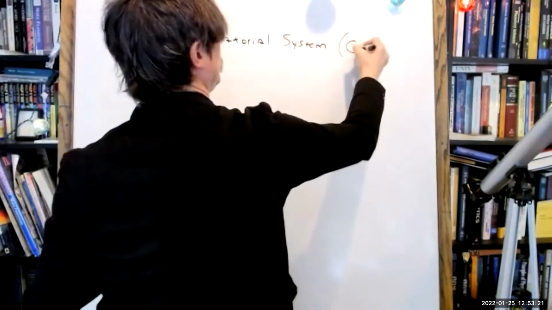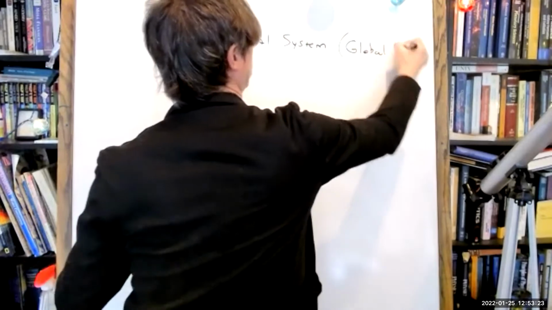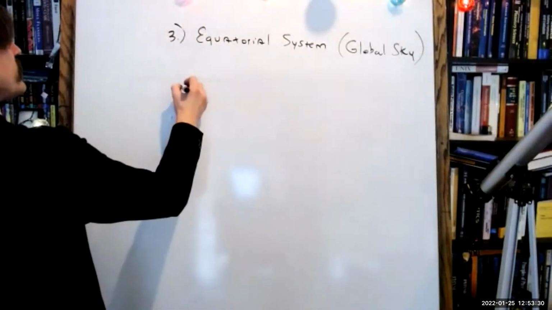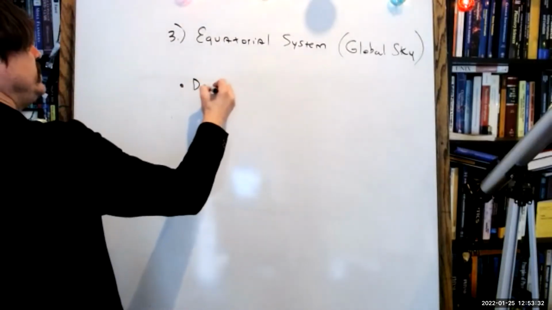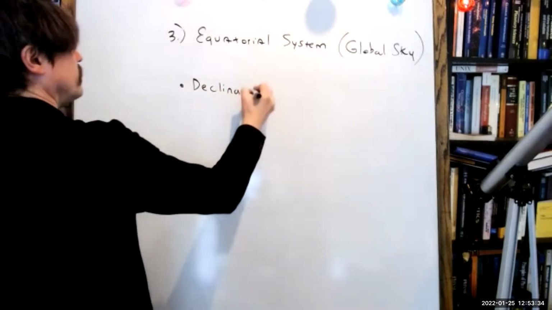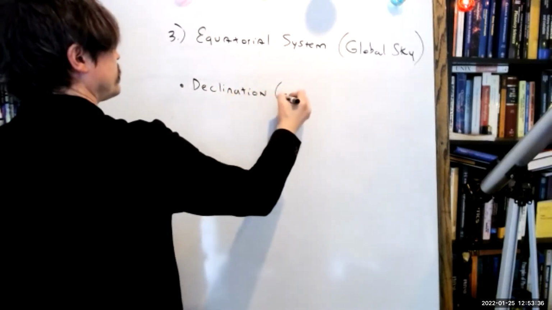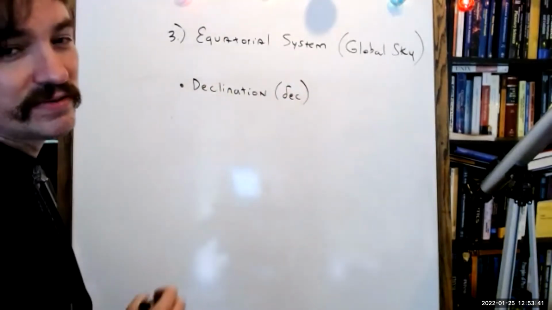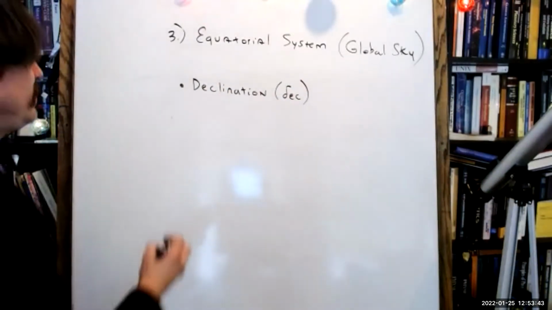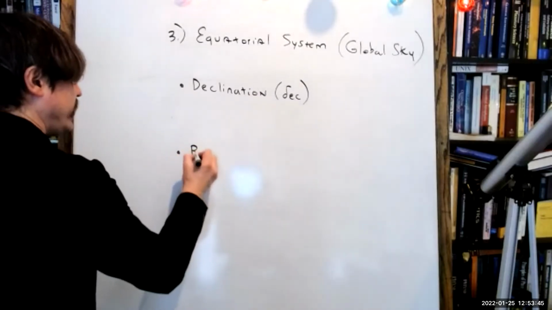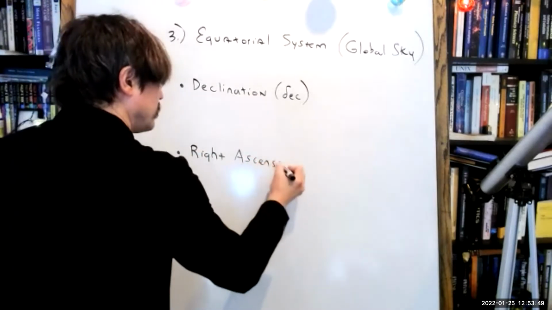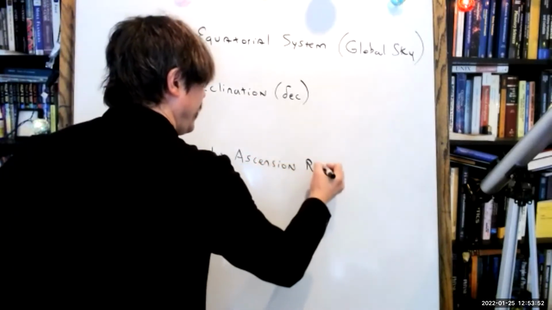It's a set of coordinates for the global sky. Unlike latitude and longitude, this should be pretty new to you guys. The two angles we use are called declination, or dec, which astronomers sometimes represent with a delta, and right ascension, or RA.